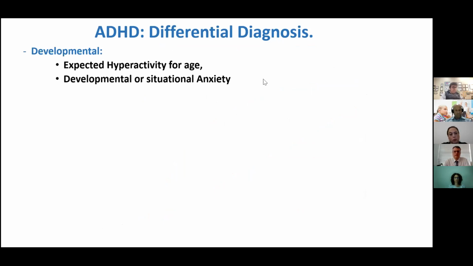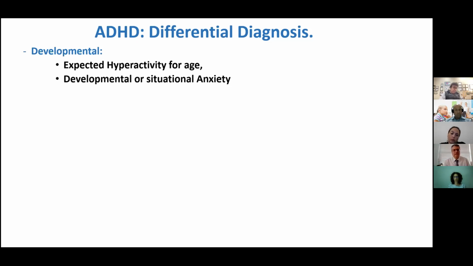All right. So you need to make a differential diagnosis, and that needs to be done from the developmental perspective. So sometimes I write a diagnosis as ADHD versus high activity for his age, but not necessarily hyperactivity.